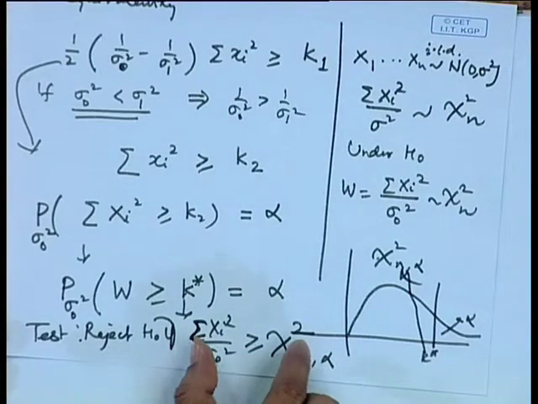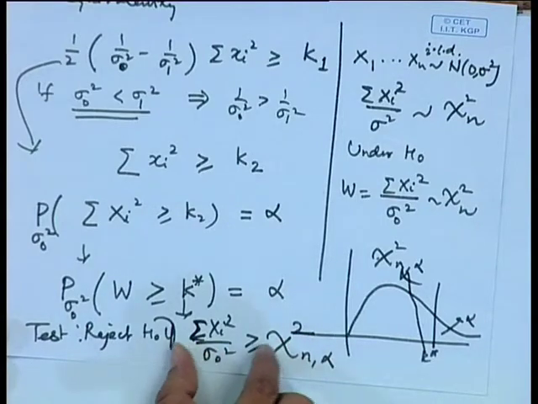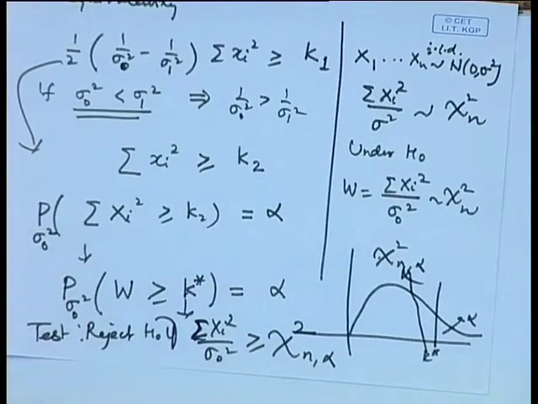So, in this test you can see that the relative position is dependent upon the value of the parameter in the null hypothesis, and for the power function it is reverse. We are making use of the alternative hypothesis value, that is, the power will increase or decrease according to the value of the parameter in the alternative hypothesis here.